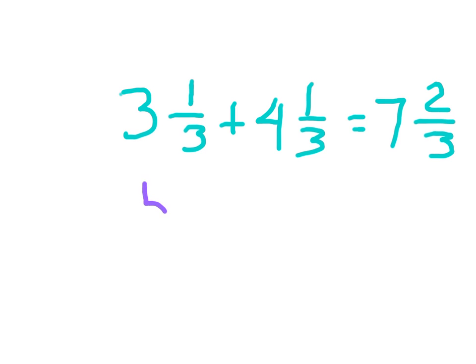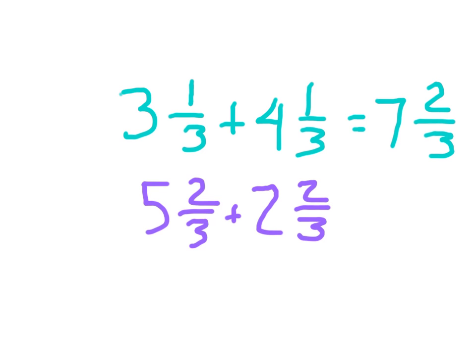Now if we had 5 2/3 plus 2 2/3, we would add those fractions together still, like we typically do, where we get 4/3, and 5 plus 2 is 7, and 7 4/3.